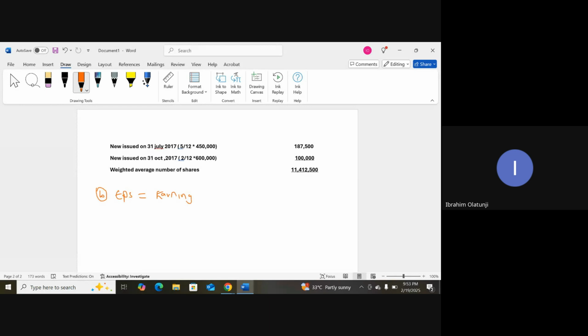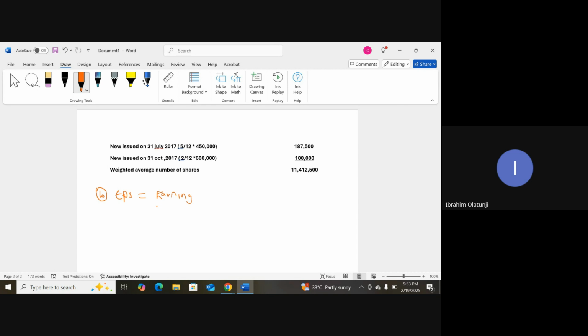Are we there? Yeah. So if the examiner is giving you profit after tax, you can say profit after tax. But it's the same thing as earnings, because as the name implies, I want you to understand the formula. E is earning. You can see earning per share, that is earning over number of shares.